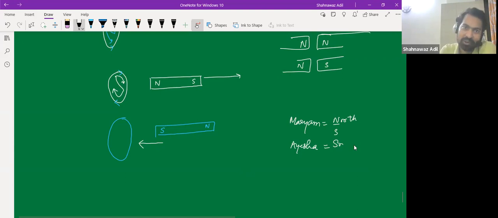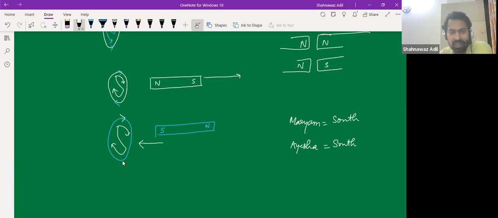Good guys, south would be the answer. This is where we use Lenz's law to reduce the direction of the induced current.